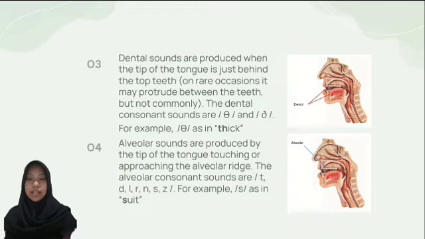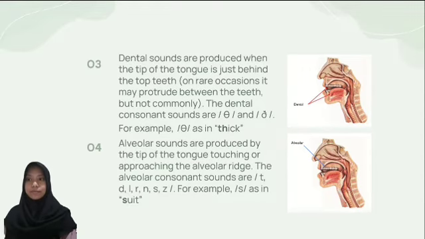The third is dental. Dental sounds are produced when the tip of the tongue is just behind the top teeth. On rare occasions, it may protrude between the teeth, but not commonly. The dental consonant sounds are th and th. For example, th as in thick.